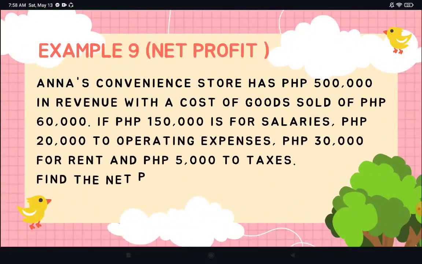So, next example of net profit is Anna's convenience store has 500,000 in revenue with a cost of goods sold of 60,000, 150,000 for salaries, 20,000 for operating expenses, 30,000 for rent, and 5,000 for taxes. Find the net profit. So, dito yung mga expenses. I-minus lang natin dun sa revenue.